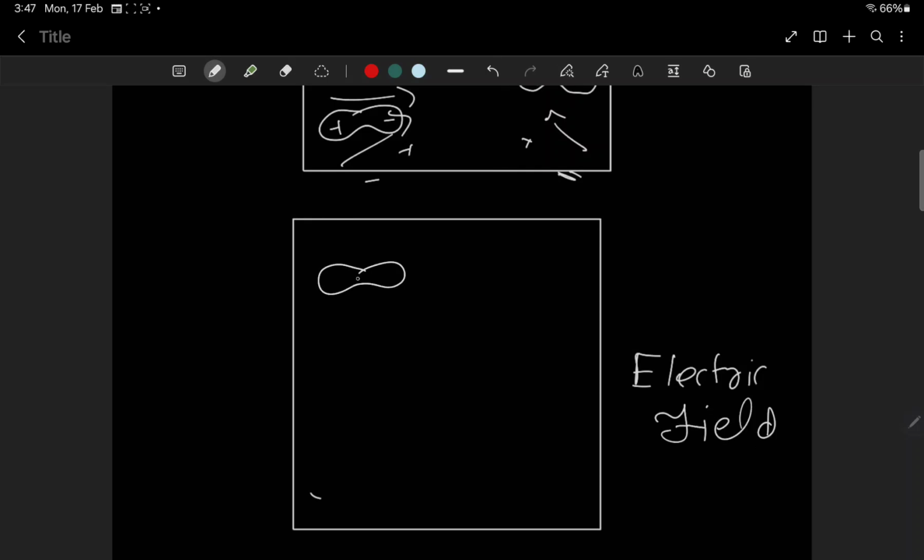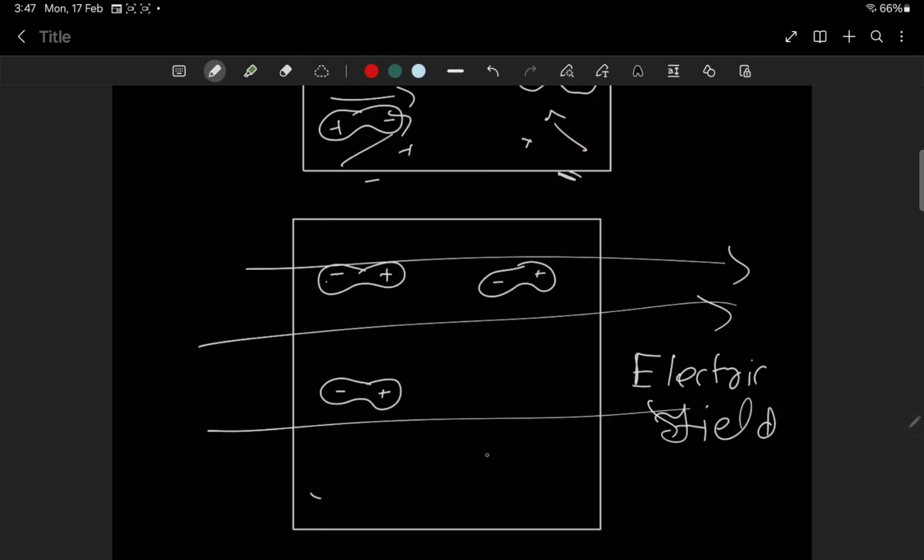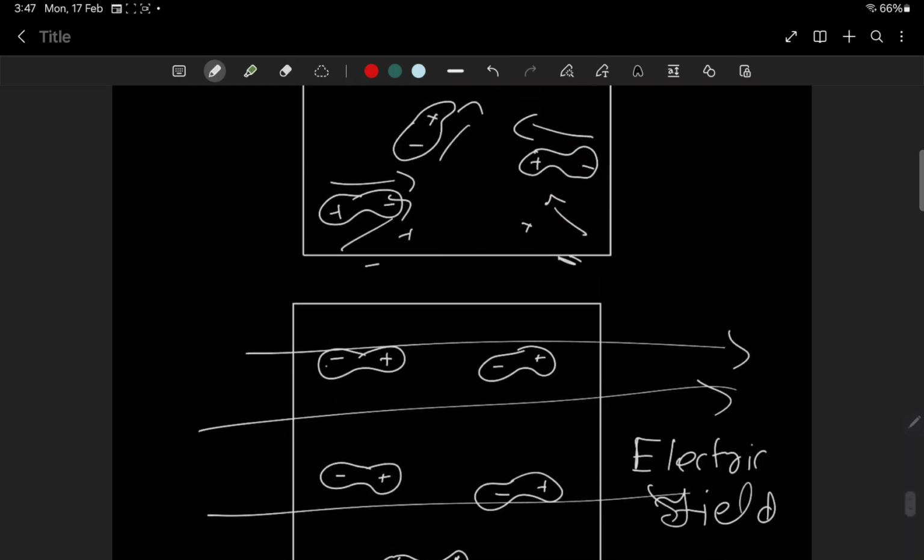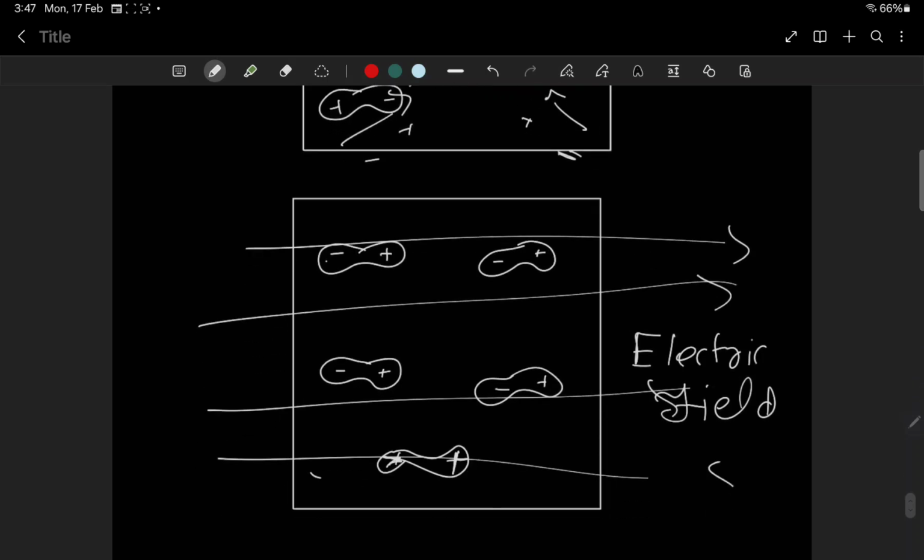Each dipole will be aligned with the field, negative to positive, like this. This is what happens to a polar dielectric when I place it in an external electric field.